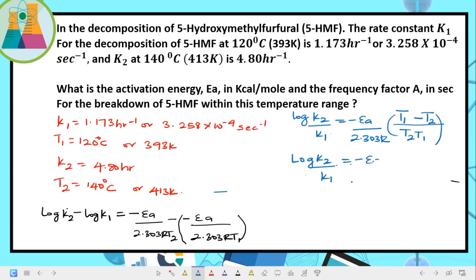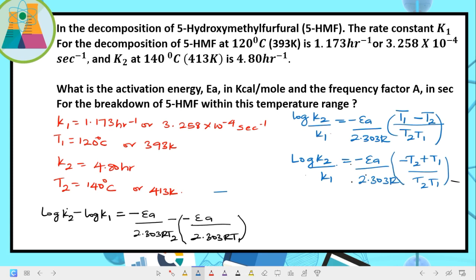Let's say minus EA all over 2.303 R, bracket. If T2 comes this way, what is it going to give to us? Give us minus T2 plus T1, all over T2 T1.